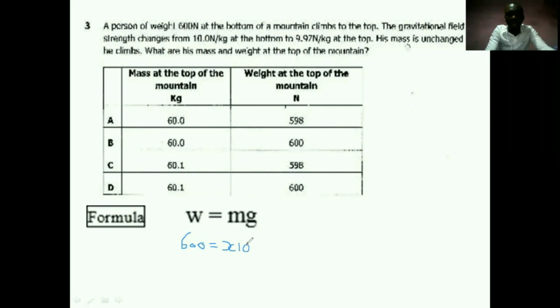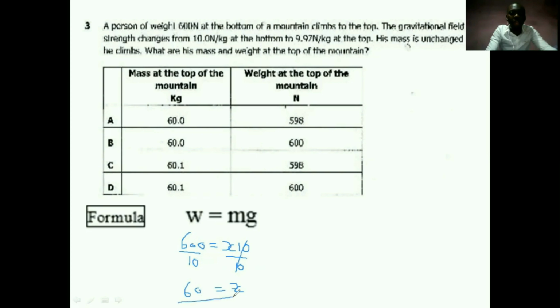We divide both sides by 10 to make X the subject, so X, our mass, is equal to 60.